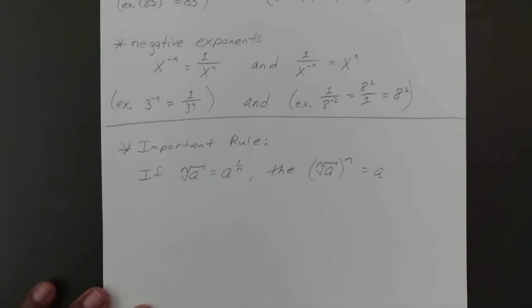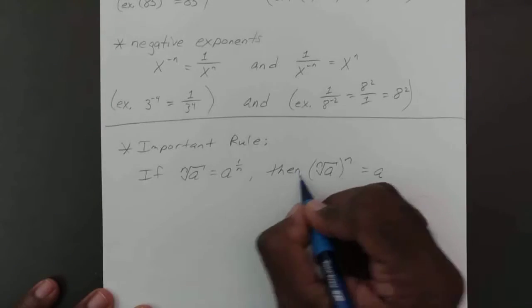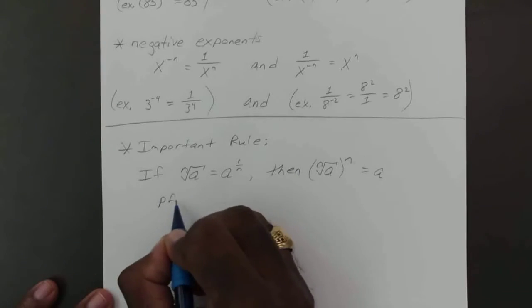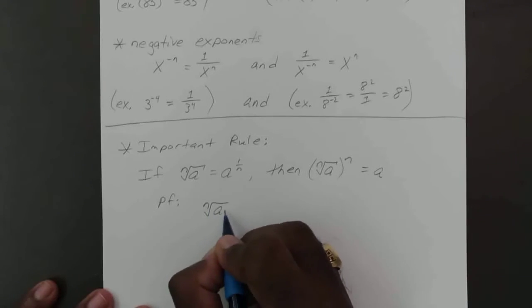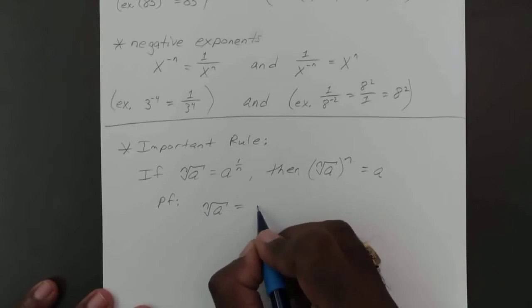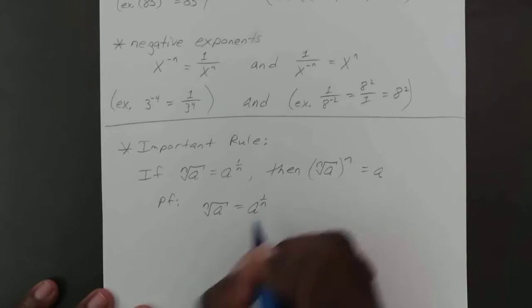Okay, so to kind of show why that works, let's say the nth root of a, we know that's a to the 1 over n.